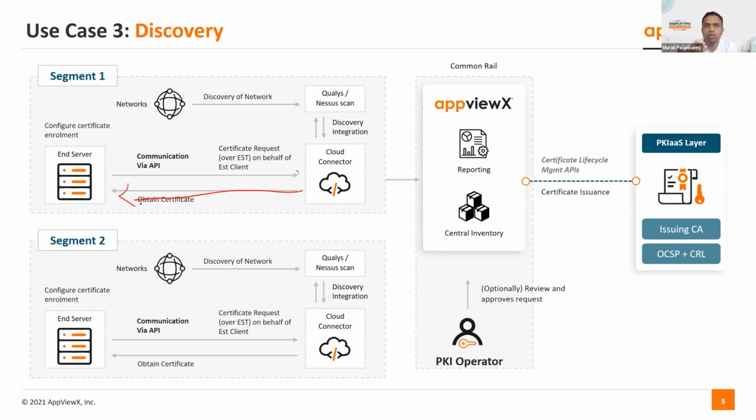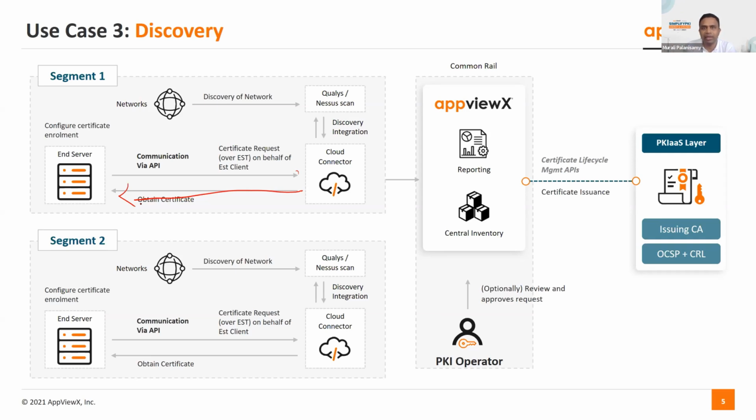Some devices would pull the certificates based on a standard-based protocol. The others, you can push it to those end devices. That depends on the type of device and the capabilities of the device, and that discovery enables you to distinguish between those. And that discovery is done by your existing tool.